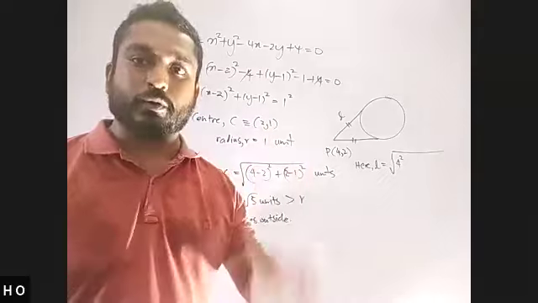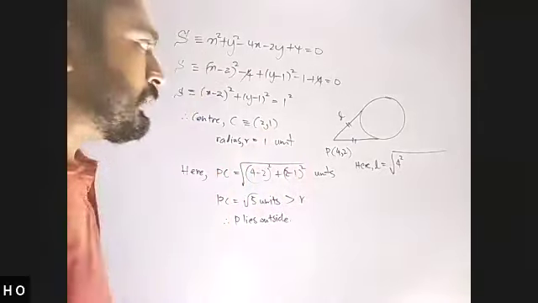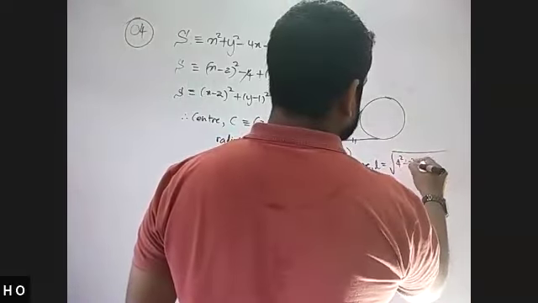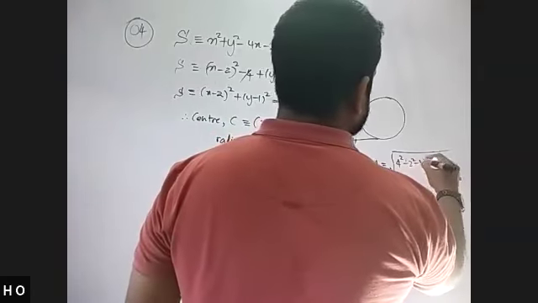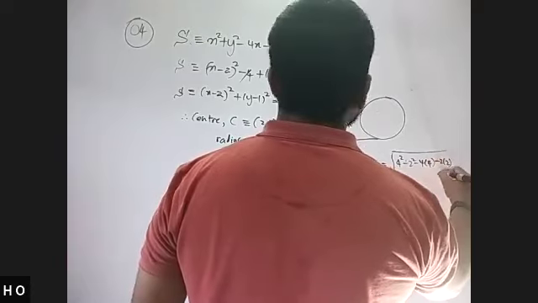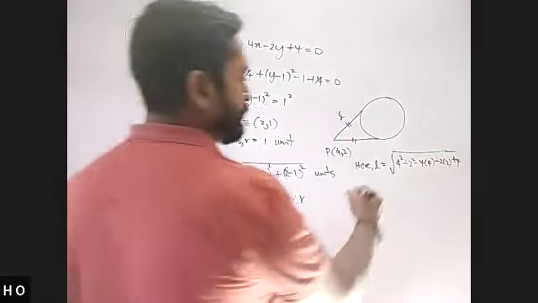So here, 4 squared plus 2 squared minus 4 into 4 minus 2 into 2 plus 4 units is going to be the length.